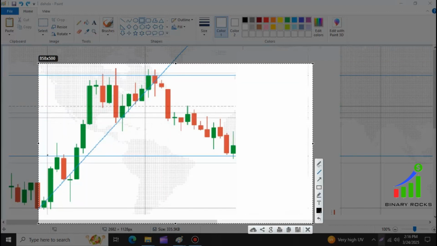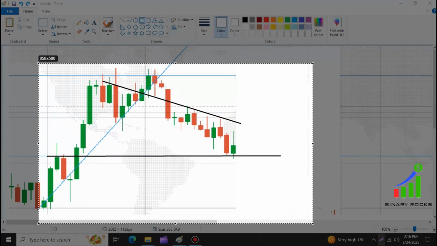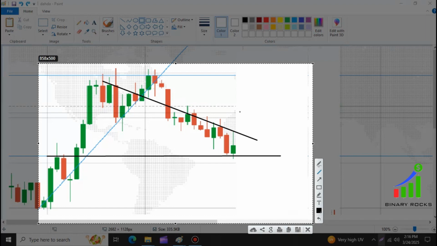Here I have a level, here I have a trend line. Okay, sometimes the market will make one more candle and it could go down easily like this, and again the market will make new highs, new lows, again it will continue. This is one scenario.